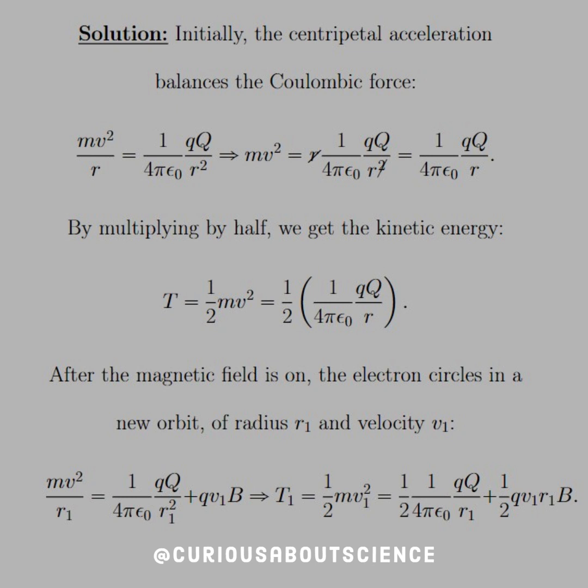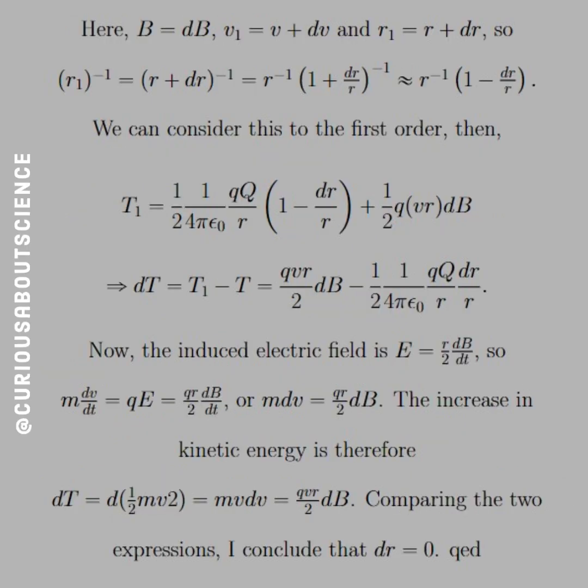The sum of forces gives us m v1 squared over r1 is equal to the Coulombic force plus the magnetic force, which is q v1 B. Solve this for T1, just like we did above, and we get 1/2 times 1 over 4 pi epsilon naught, q Q over r1, plus 1/2 q v1 r1 B. Here B is equal to dB, v1 is equal to v plus dv, and r1 is equal to r plus dr, since we're looking at little increments.